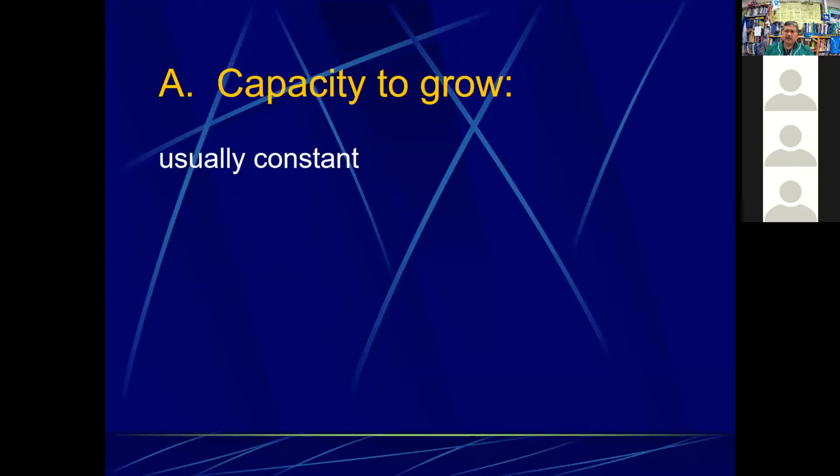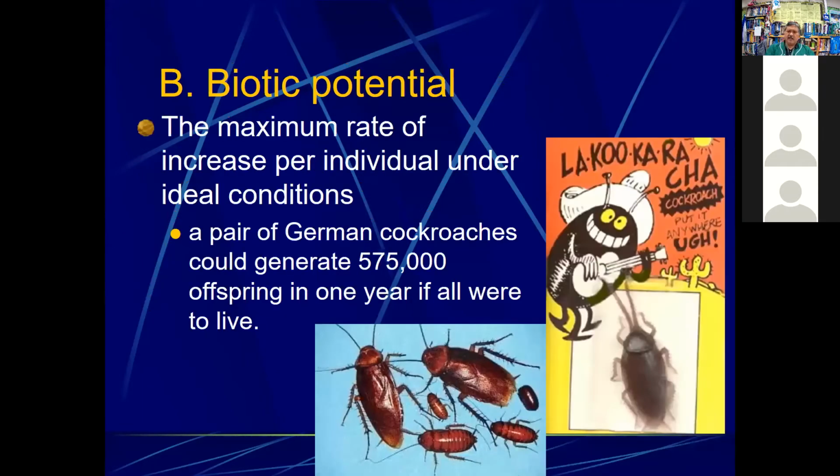The capacity to grow in a population is usually constant, and it can be determined experimentally. Unless you have factors that change, the inherent rate of growth of a population is built into that species.